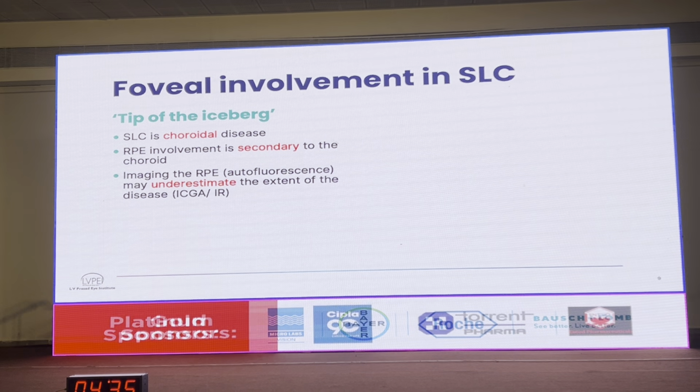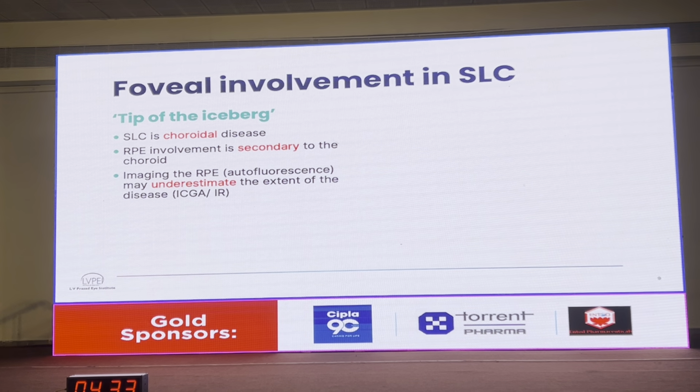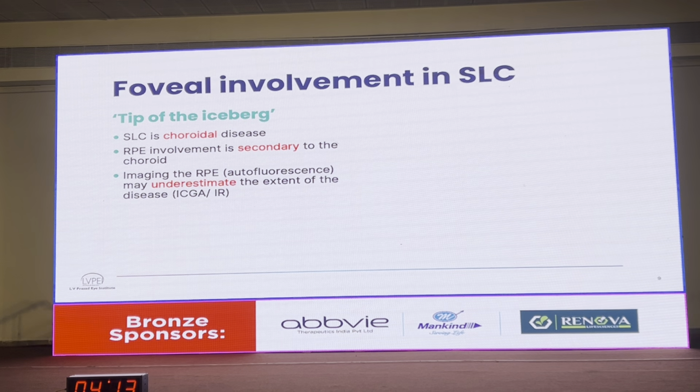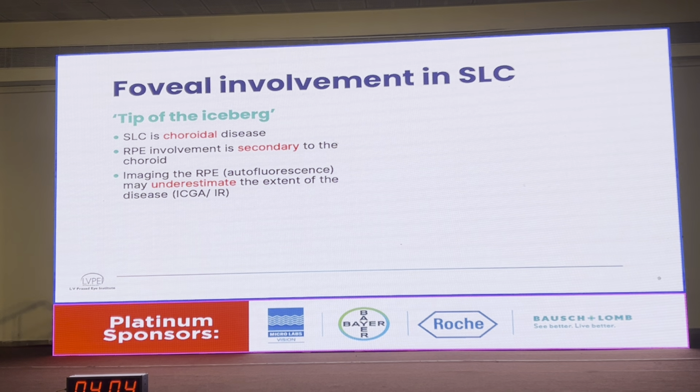So from the issue of the negative TB test and the deception of steroids, we move on to the foveal involvement. Here I want to highlight that serpiginous-like choroiditis is essentially a choroidal disease, and the RPE involvement is only secondary to the choroidal involvement. So imaging the RPE, which is usually done by autofluorescence, may underestimate the true extent of the disease, which may be better found by ICG angiography or by near-infrared imaging.